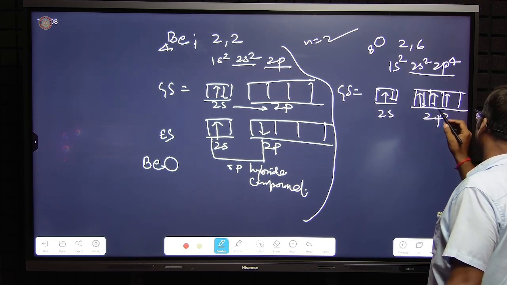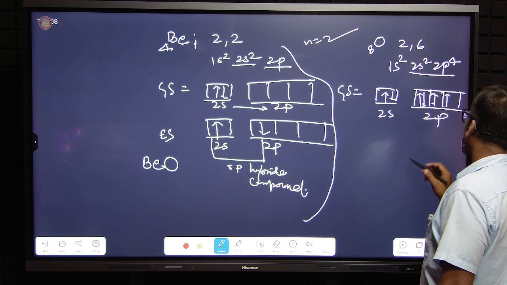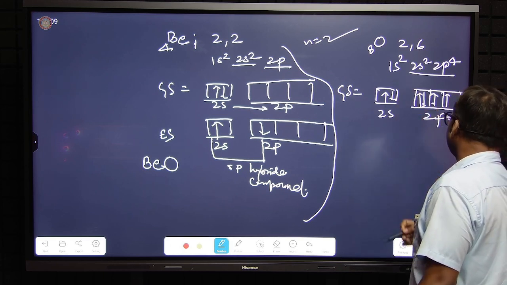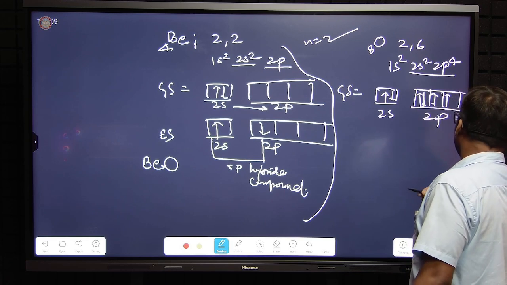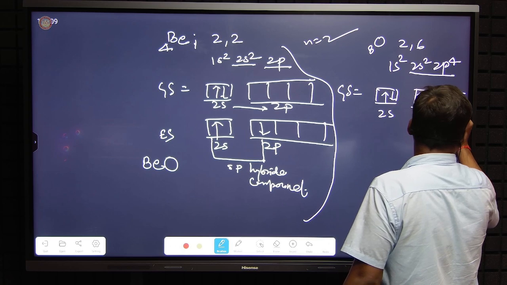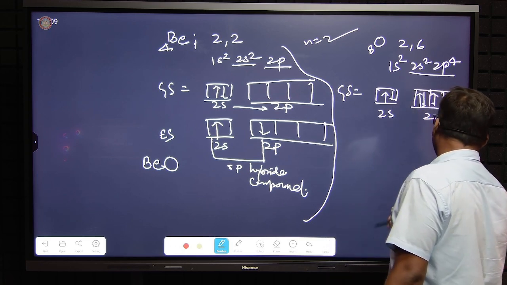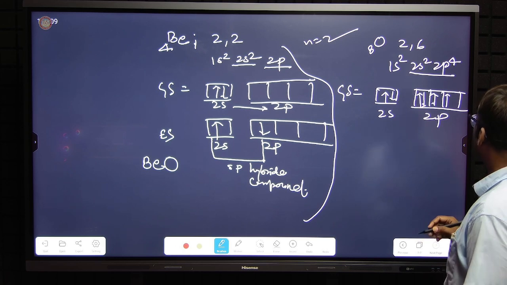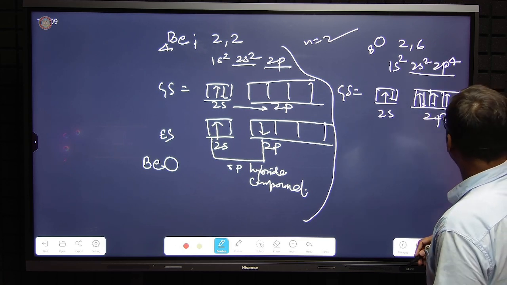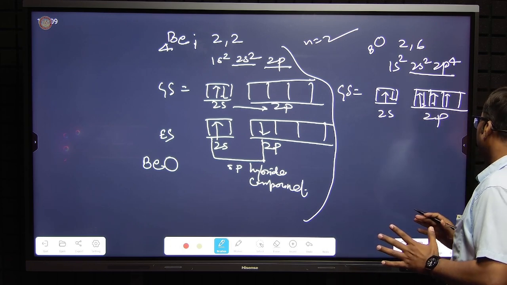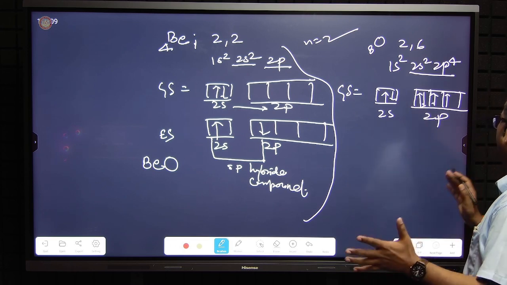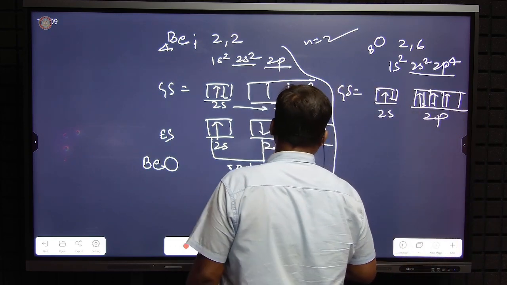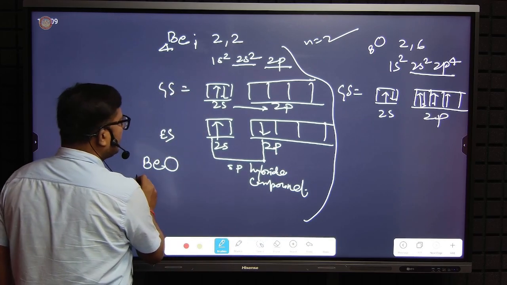So the s orbital and one of the p orbitals are in paired state, so they are not reactive, but these two orbitals contain single electrons. So they can form bonds with two other orbitals of equivalent energy and symmetry to form covalent compounds. So here in case of beryllium oxide, what happens?